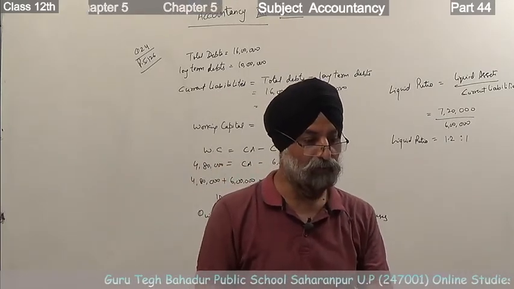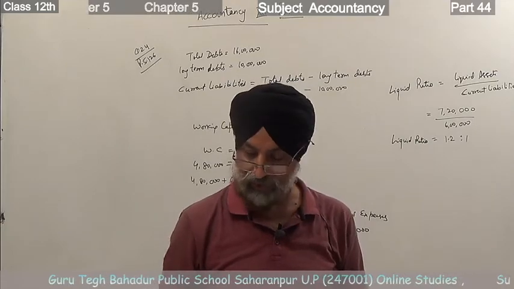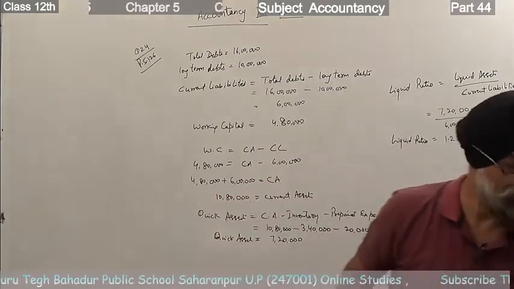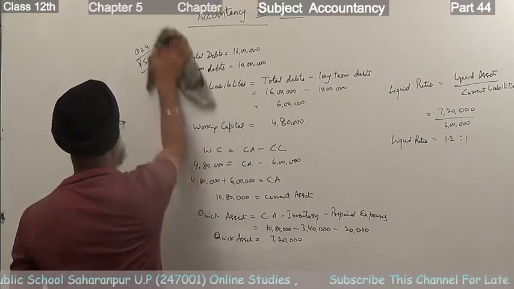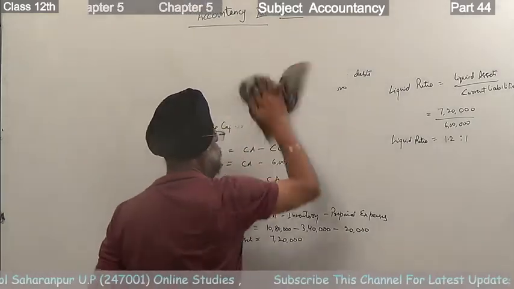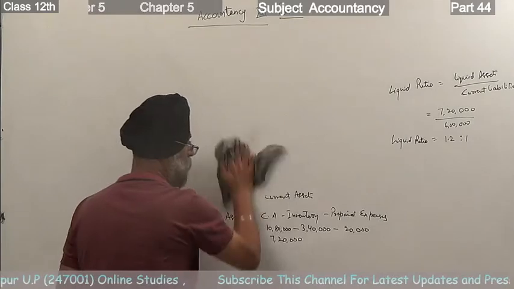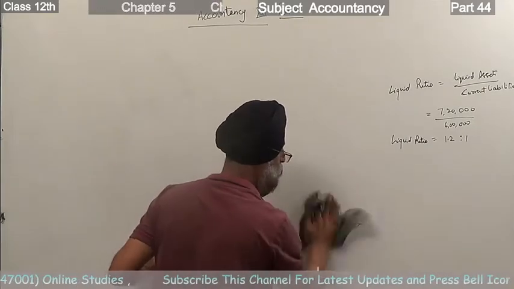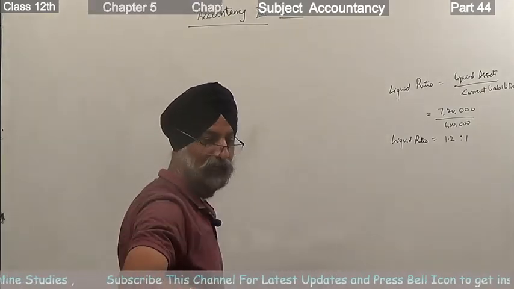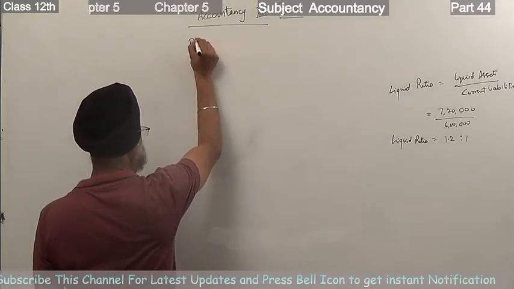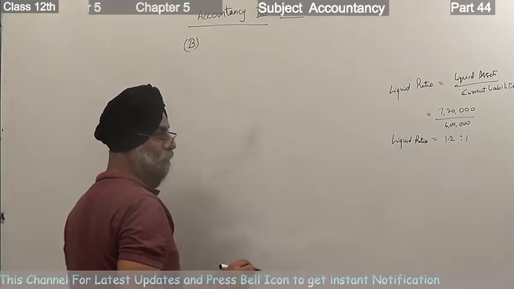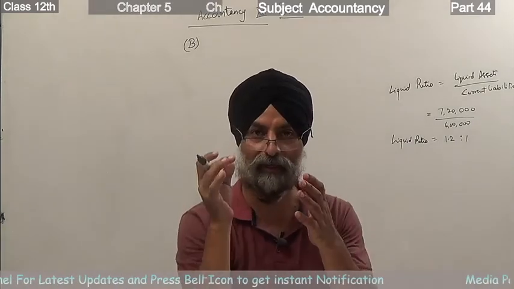Now come to question number 27. On the same page, open question number 27. In the category of ratios, now the second category, that is solvency ratio. In the first category, liquidity ratios, we learned how to find current ratio and liquid ratio.